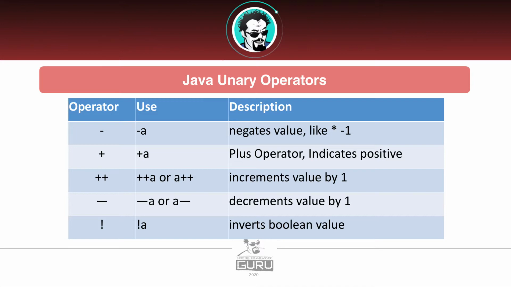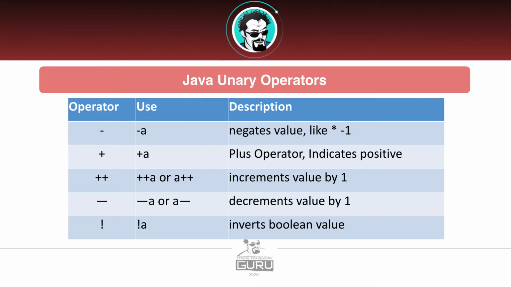What's important here is that you can see they can be used in front of the variable or after the variable. If they are part of an arithmetic statement, the plus plus operator before the variable acts before the statement is evaluated. So that value would change before that arithmetic statement is evaluated. Then the statement itself will be evaluated.